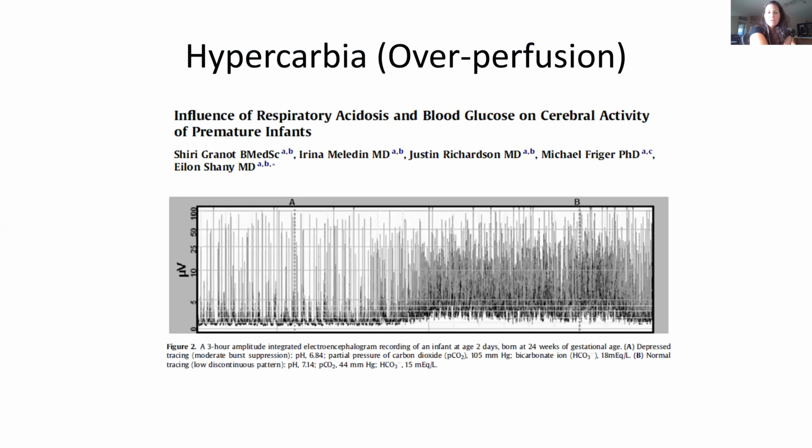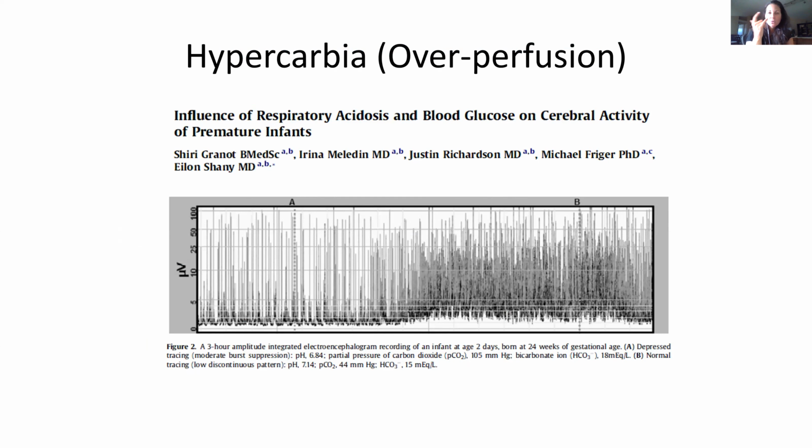This is another great paper by Dr. Shawnee's group from Israel, looking at a small baby, 24 weeker, 2 days of age. Imagine the baby we just looked at with similar CO2s, except this is reversed, hypercarbia.